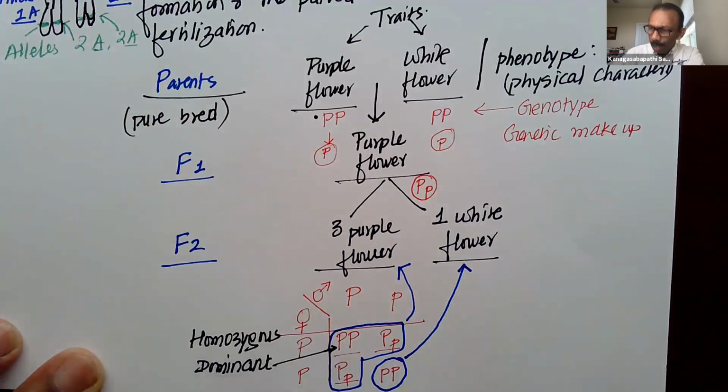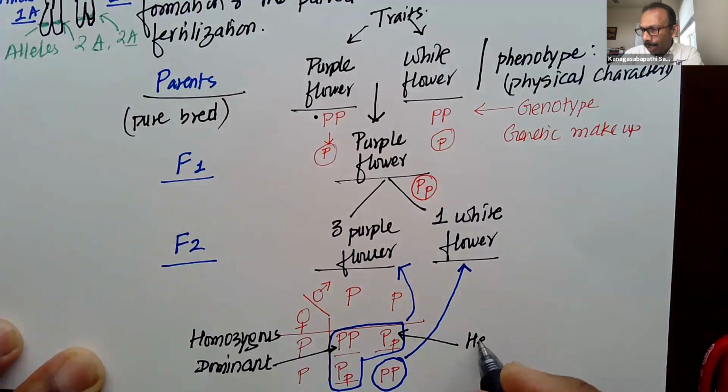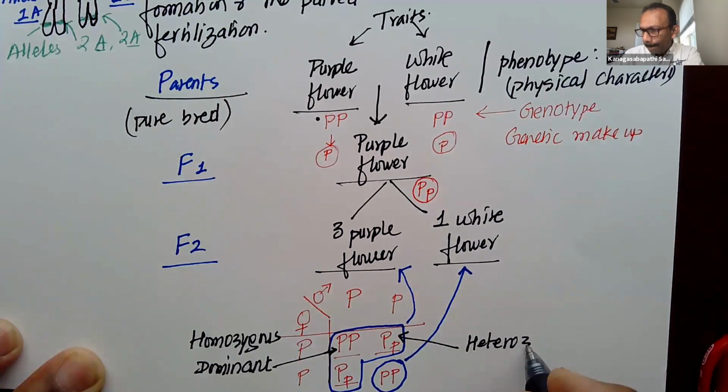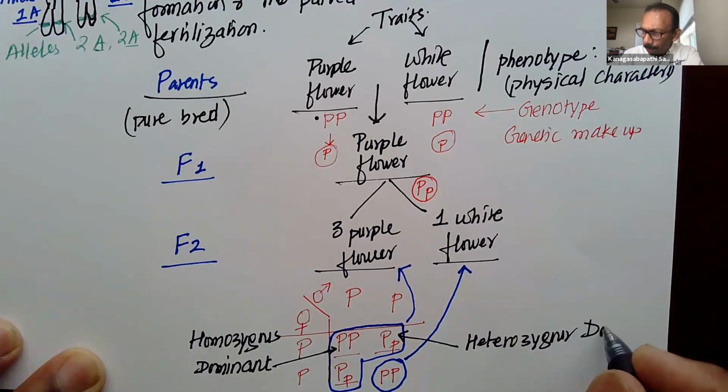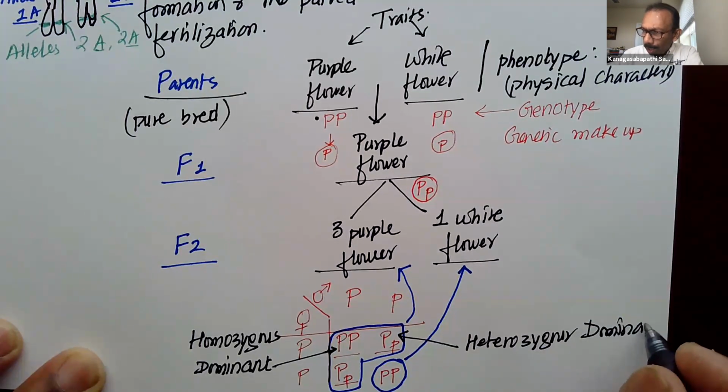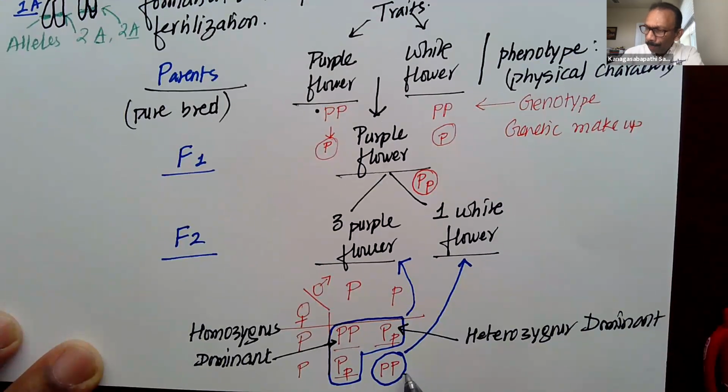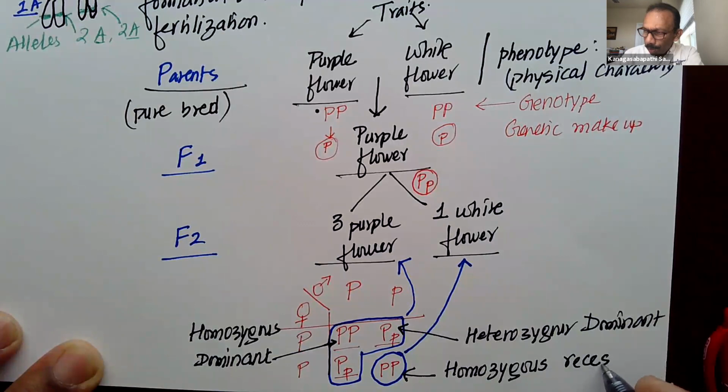It's a homozygous dominant, and this one is the heterozygous condition. That's also dominant. So the dominant can express whether it is homozygous or heterozygous, and this is a homozygous recessive. So the recessive trait will express when it is homozygous, and it will not express when it's heterozygous. At that time, only the dominant trait expresses.